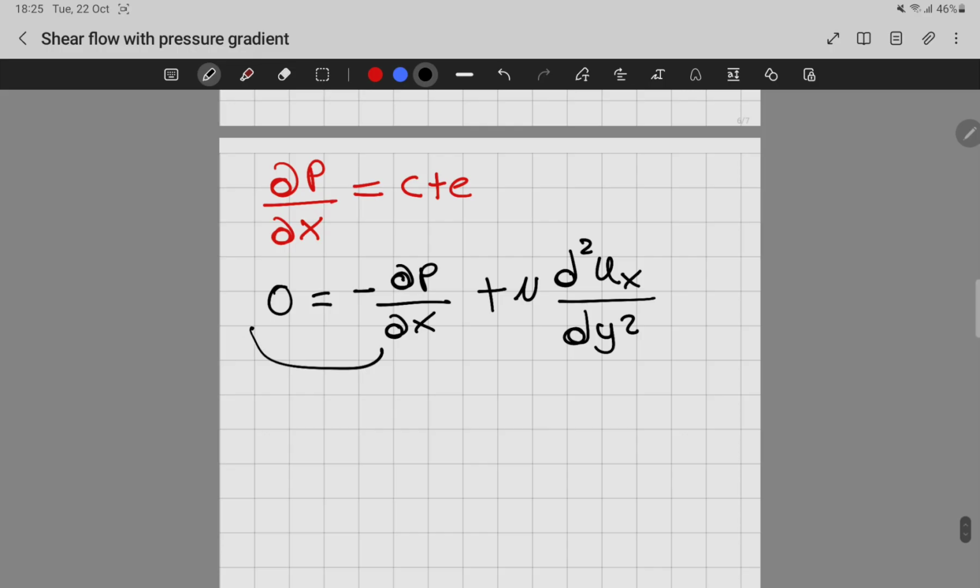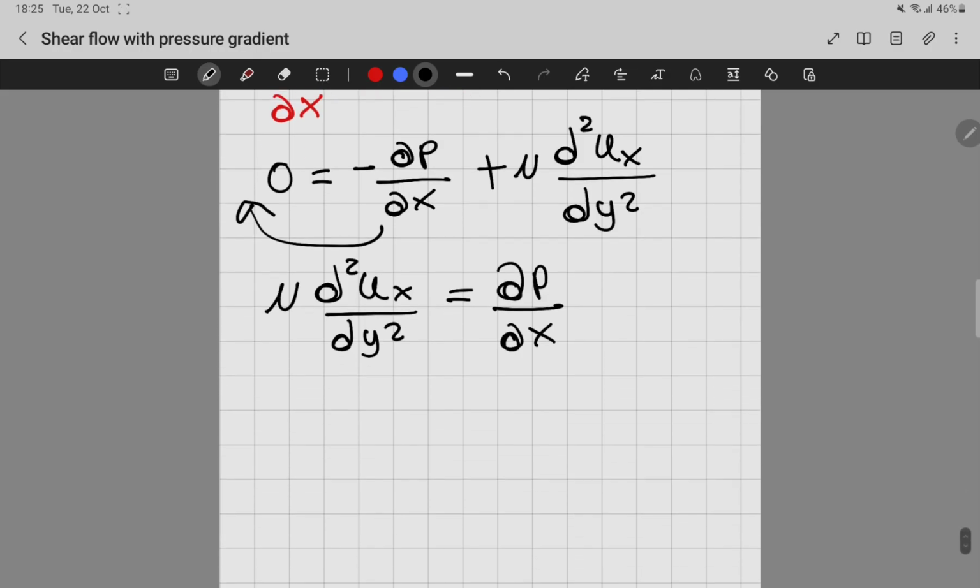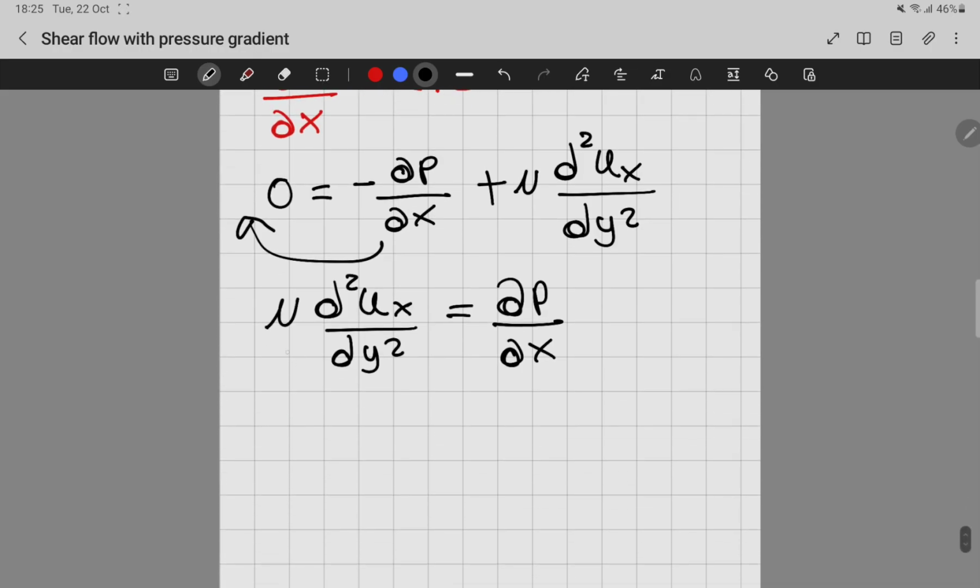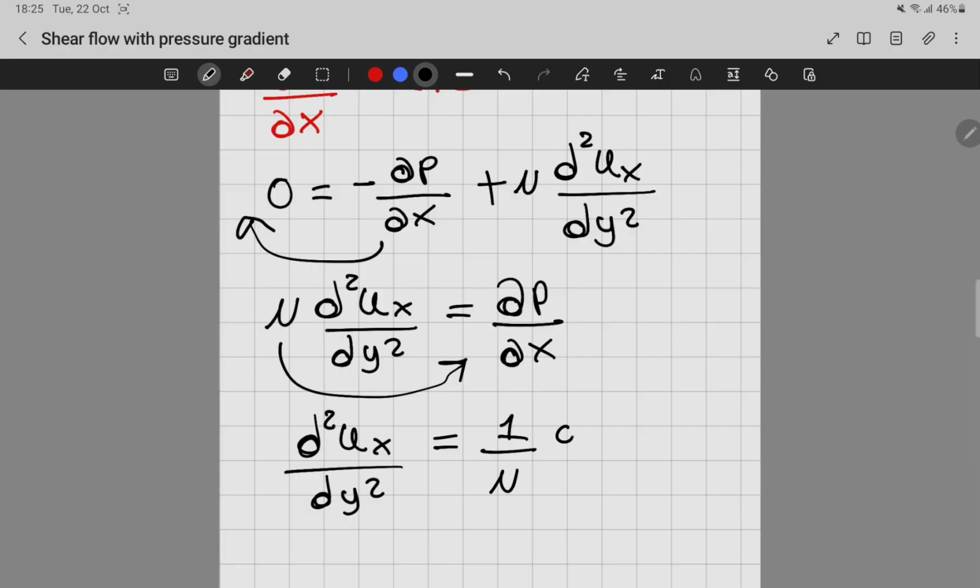Now let's pass this term over here. So we have something like this. Now let me pass the viscosity over here, so we have 1 over viscosity multiplied by the pressure gradient.